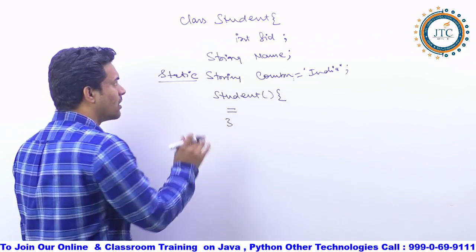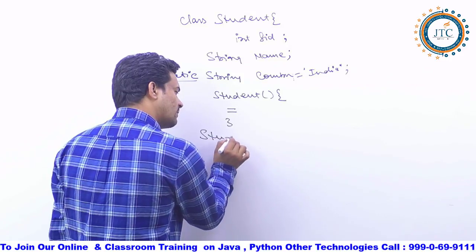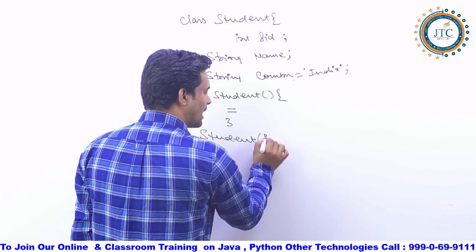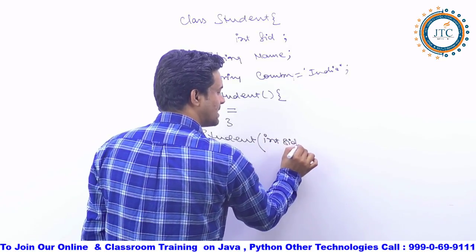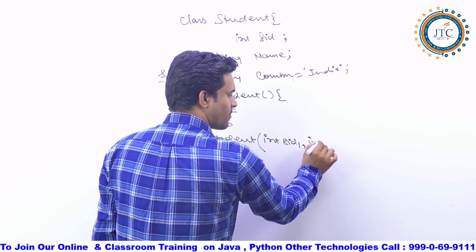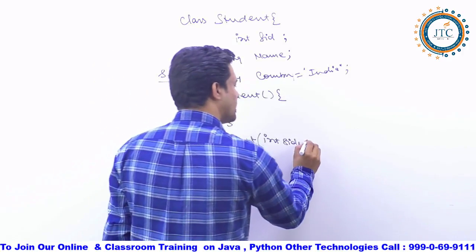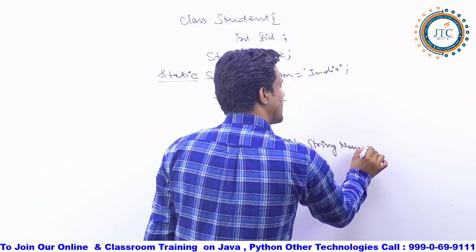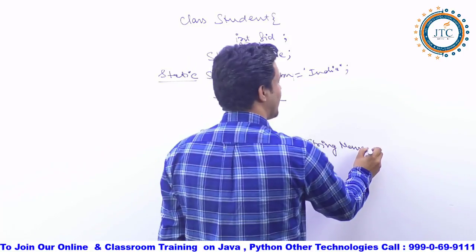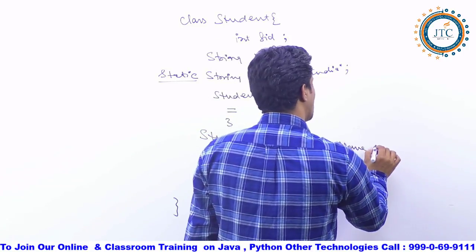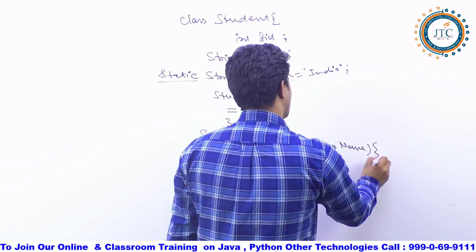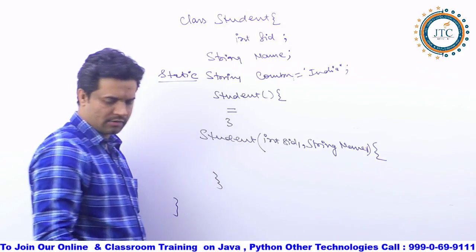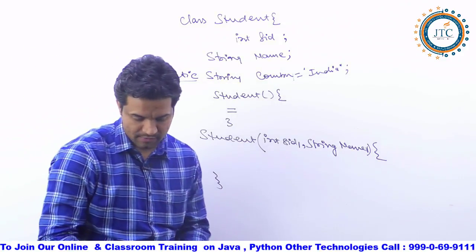Now again, in the next form, Student(int SID1, string name), this is a two-parameterized constructor I have written inside this.